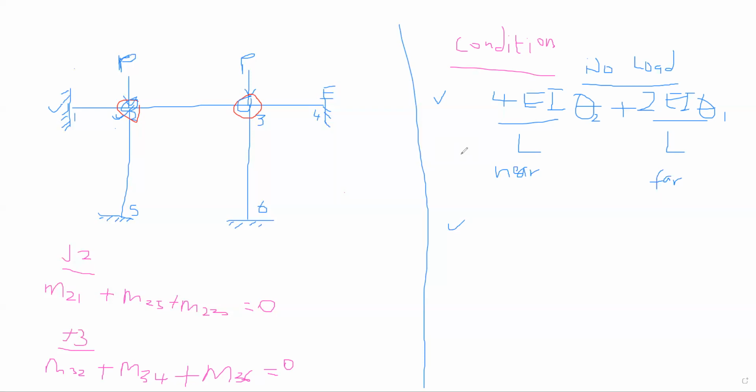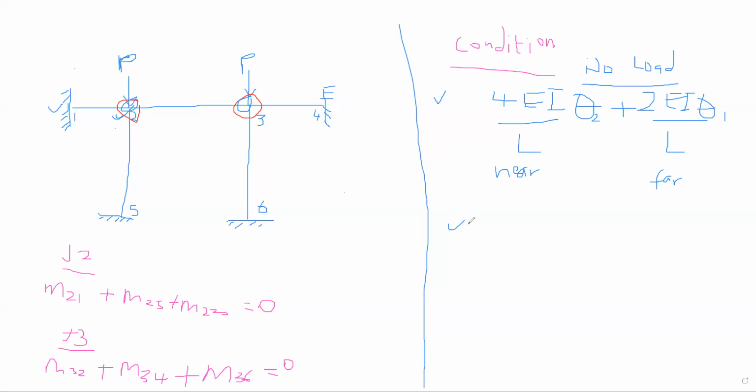Here, this place, it's like a hinge or a fixed support. So you apply the same thing over there too. Do you get it? Okay. Yes. And let me go to condition 2.